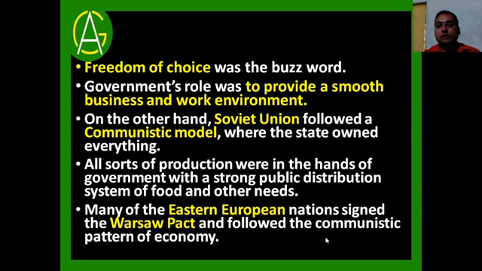So I talked about two kinds of models. One was the capitalistic model that was followed by the American economy, and another was followed by the Soviet Union and Eastern European nations, that is the communistic or socialistic model.